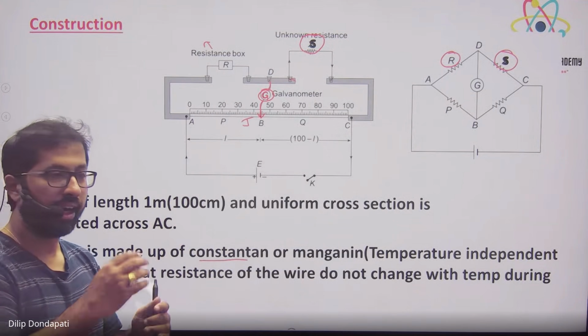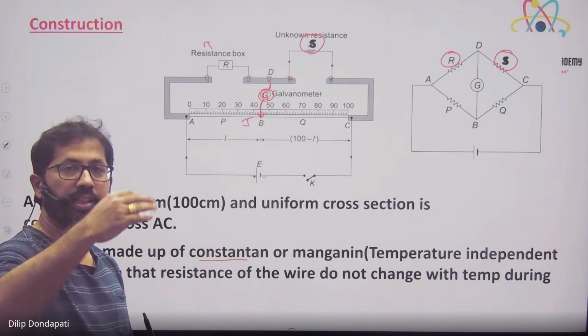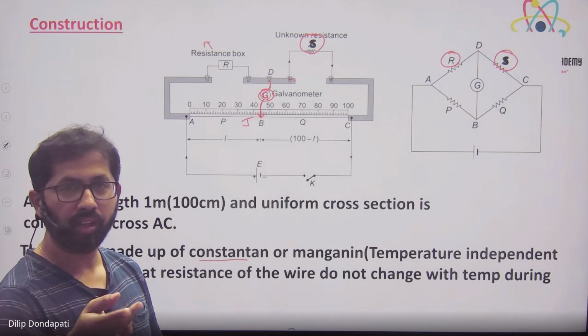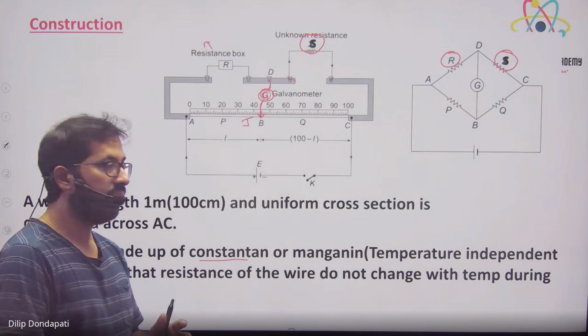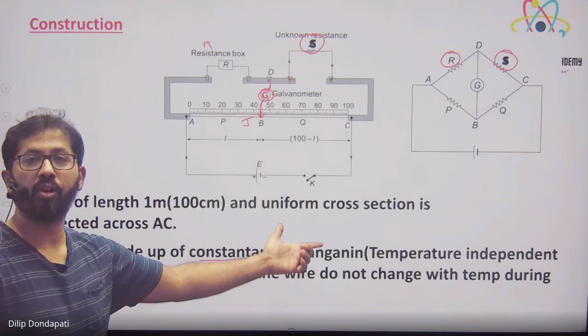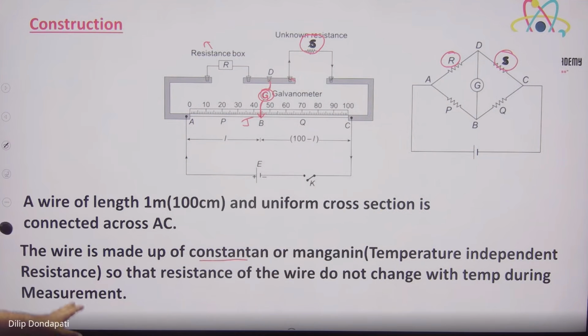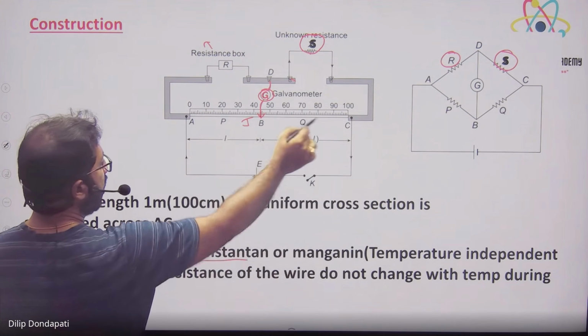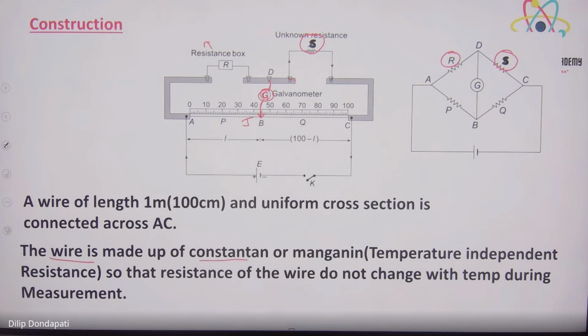I told you, in conductors as temperature increases, resistance will increase, but semiconductors will be the opposite. But alloys, these are examples, they don't depend on temperature. So the resistance of the wire does not change with temperature during the measurement. We use constantan and manganin wires so that the measurement will not change. Otherwise, when current passes, temperature will increase and resistance will change, right? So we should not require that.